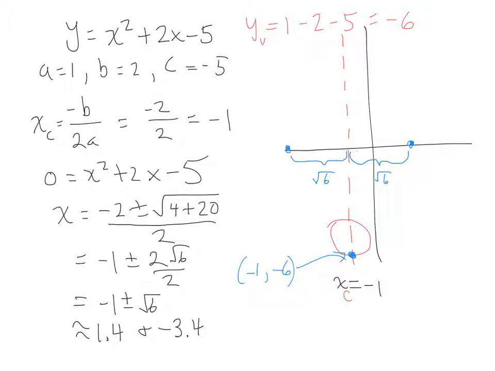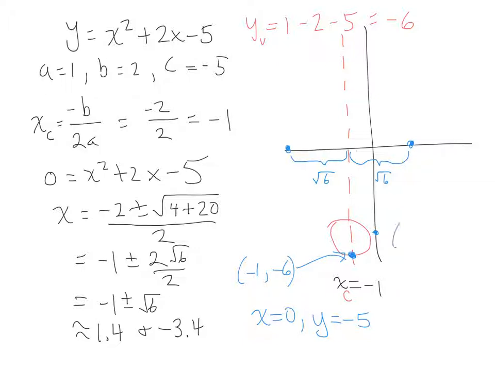So when x equals 0, y is going to be -5, so we have the point (0, -5), so that's about here.